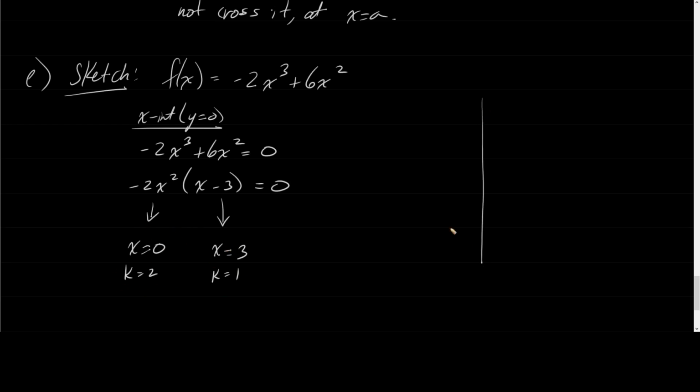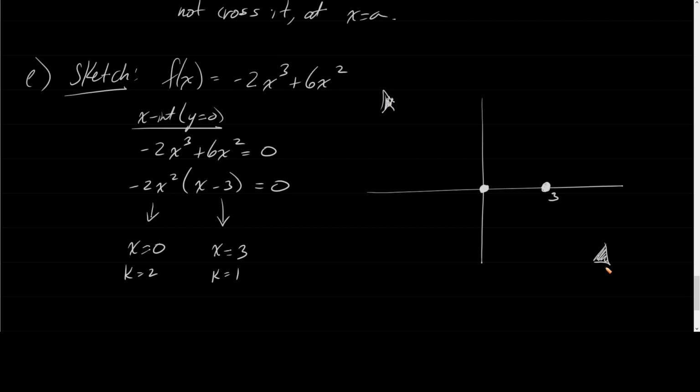So let's see. We have a zero at (0, 0), and at (3, 0) we have a zero. Now, what else do we know? From the leading coefficient test, we have an odd degree polynomial with a negative leading coefficient, which tells us that we must start up here and end down here.